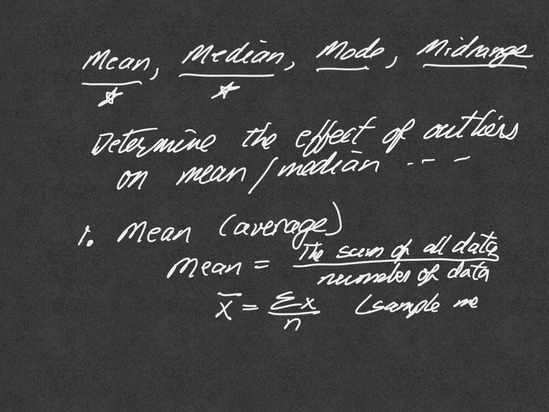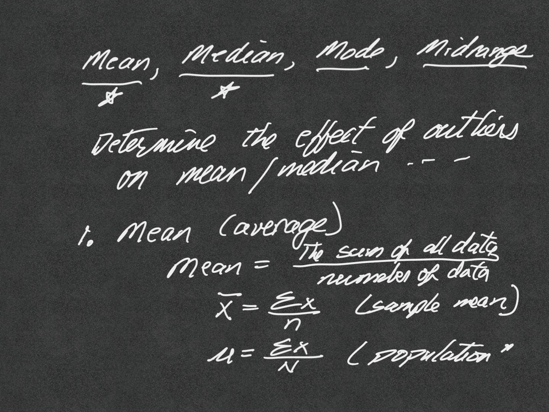All right? And we can also say mu equals the sum of the x's over capital N. And this is the formula for a population mean. Now, you'll notice that they're essentially the same formula.